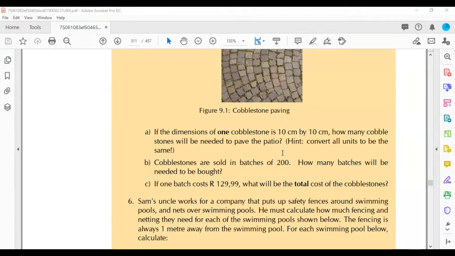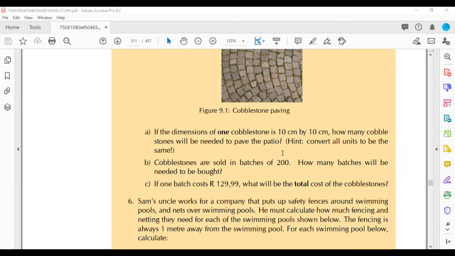Okay, let's look at question number B. Part B of the question is saying, cobblestones are sold in batches of 200.